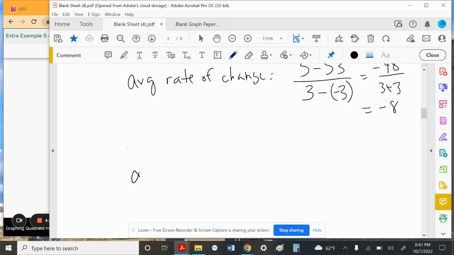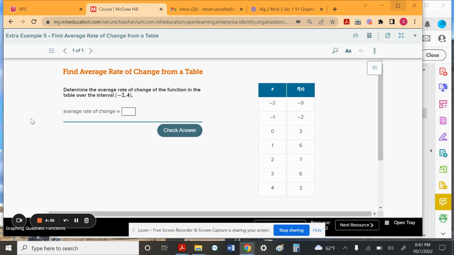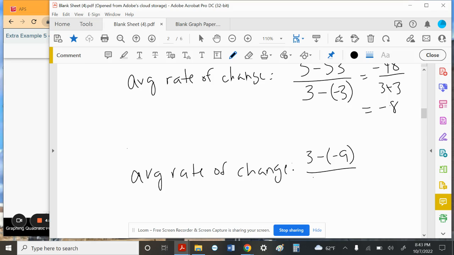So we're going to do another average rate of change. It is 3 minus a negative 9 all over, and those are the y values. 3 minus that one, 4 minus that one, so 4 minus a negative 2.